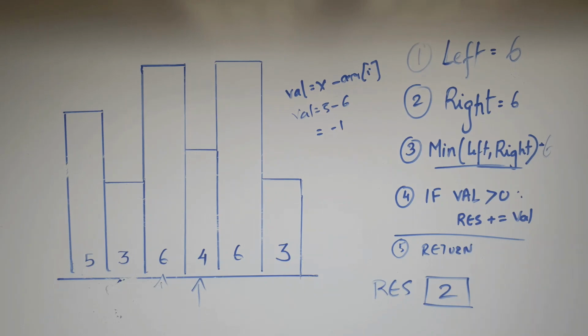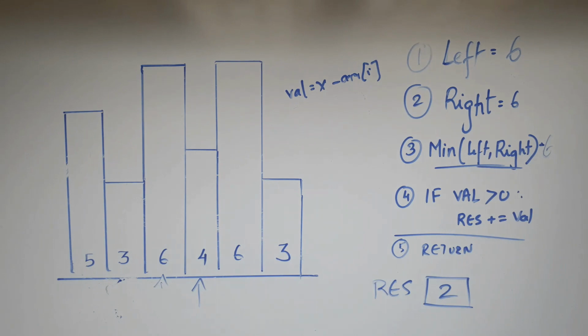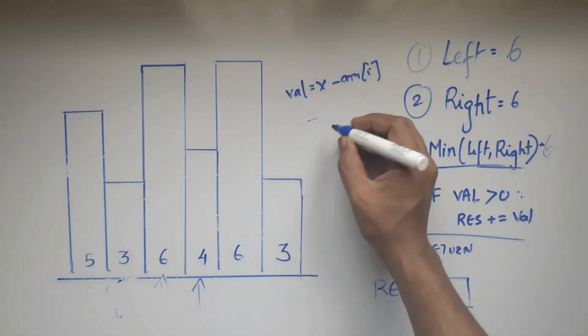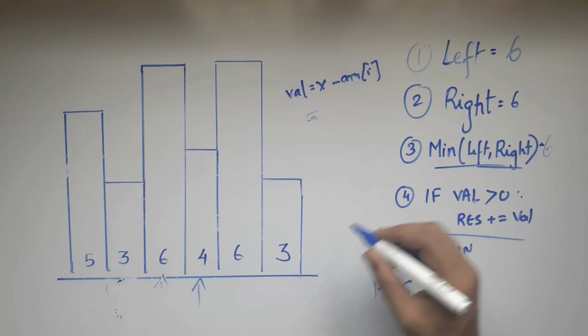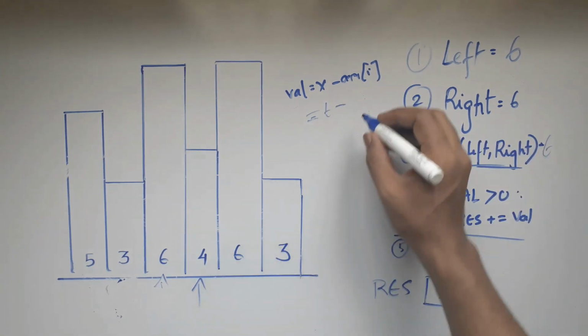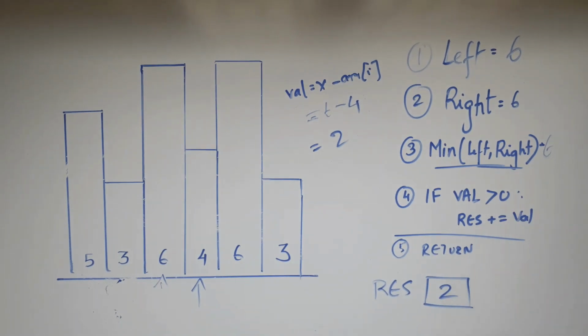All right. If the value is x minus array of I, in our case, x is 6, and array of I is 4. So we'll get a value of plus 2, which is greater than 0. We'll update the value, we'll increment this value. So 2 will now be changed to 4.